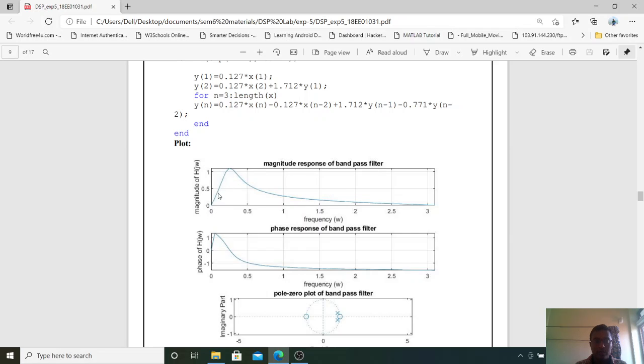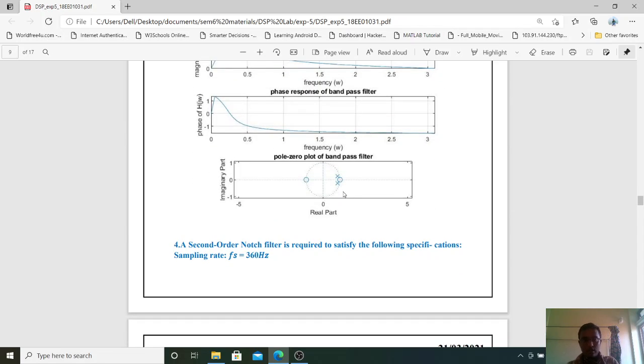We can see that it is allowing some range, here there is a 3 dB frequency, and corresponding here another 3 dB frequency. So it is allowing a specific range of frequencies, and the frequencies less than and greater than that are attenuated. We can also see that as it is a second order filter, there are 2 zeros and 2 poles.